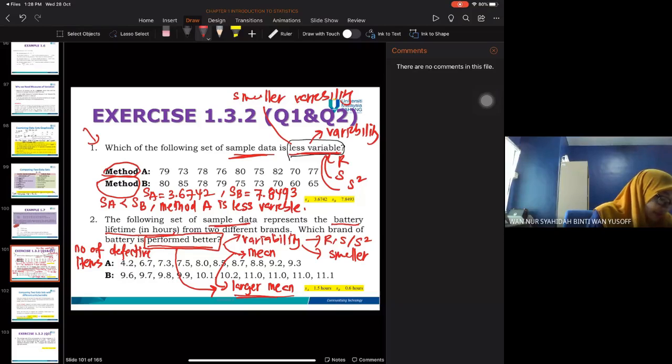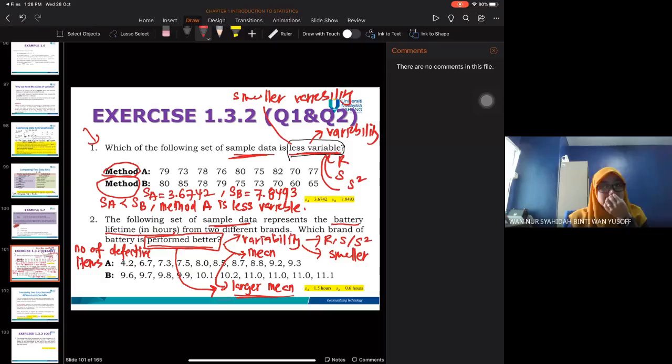Let's say we have different production lines, or conveyors, for example. The data that we collect is the number of defective items. So how do we know which production line performs better? If the variable is the number of defective items, what happens to the mean? The mean must be smaller. Then it performs better.